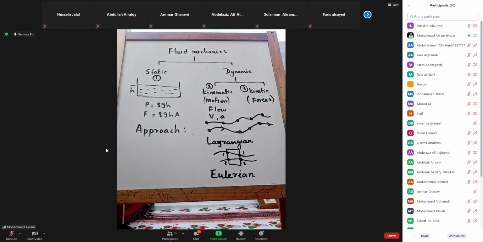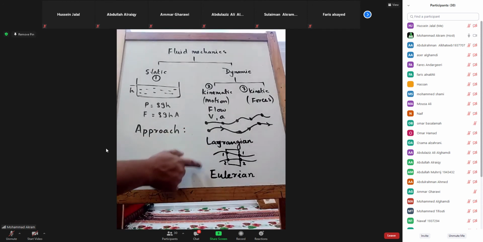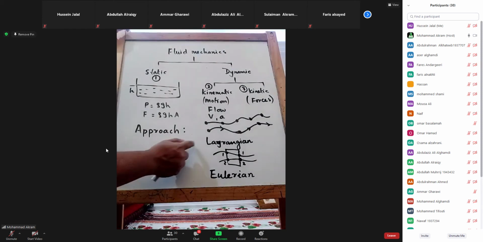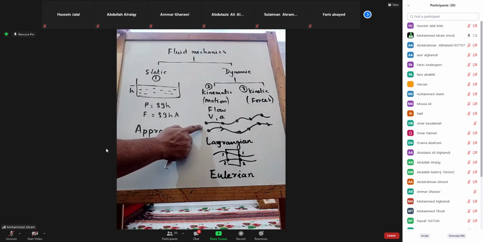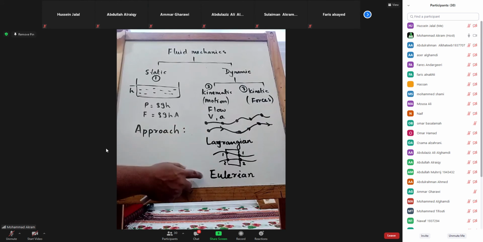Which ball is coming, first ball, second ball, third ball, like that. So we have two approaches, Lagrangian and Eulerian. If the number of particles is small, you can take the Lagrangian approach. Both are very common, but in fluid mechanics, usually Eulerian is preferred.